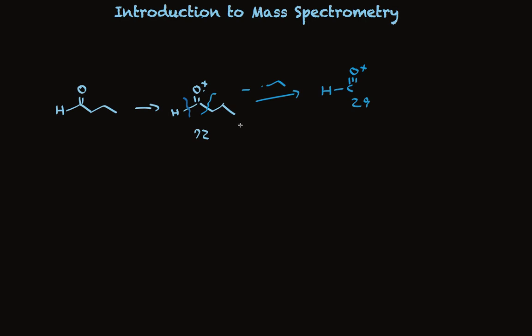Cleavage on the other side, you lose a hydrogen atom, and you form a fragment that has a weight of 71. So wouldn't it be easy to distinguish this aldehyde, butanal, from the ketone, 2-butanone, even though they have exactly the same molecular weights, by looking at the fragments that they make?